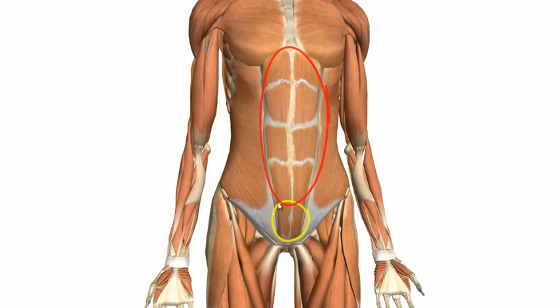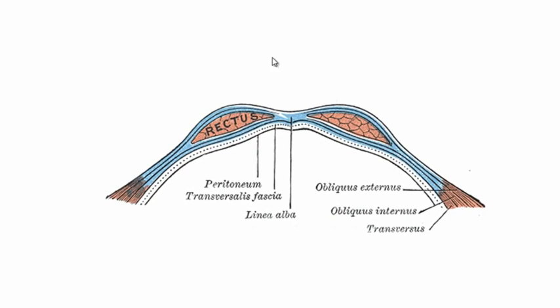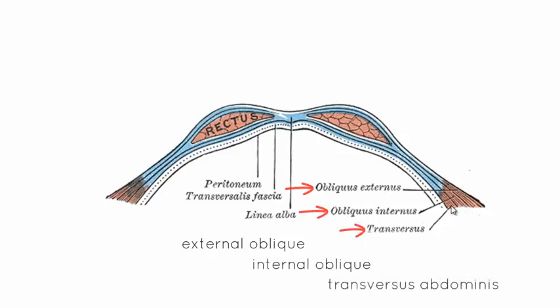What I'm going to do now is switch over to a cross section to show you this rectus sheath. We're now looking at a cross section, and this is anterior, so you've got the rectus muscle, both halves of the rectus muscles, and in the middle you've got the linea alba. And then laterally you've got the three lateral muscles, which I haven't talked to you about yet, but just briefly you've got the outer muscle called the external oblique, the muscle below that called the internal oblique, and the most inner muscle called the transversus abdominis.